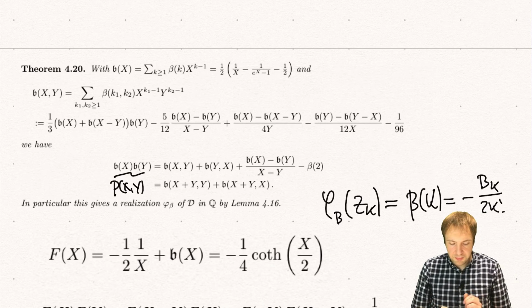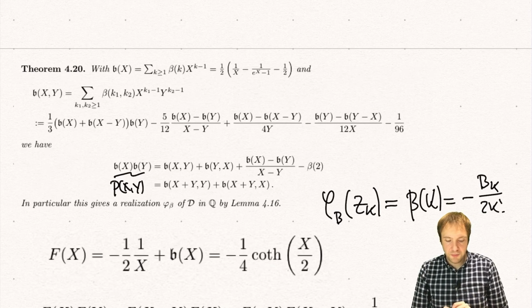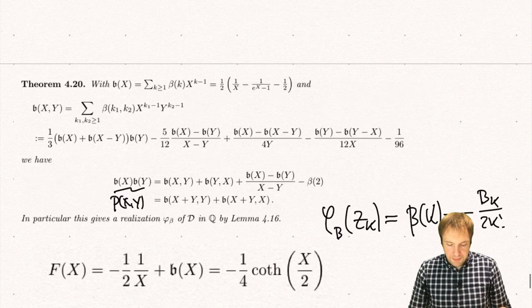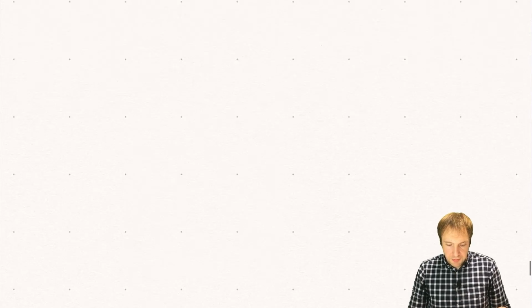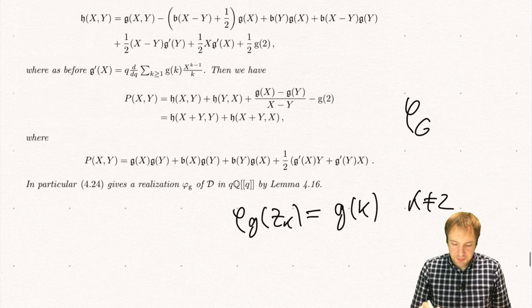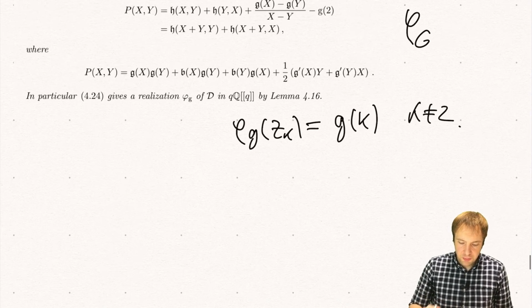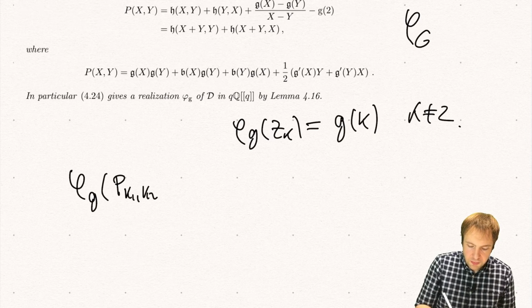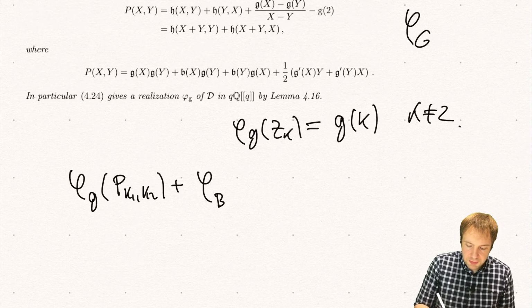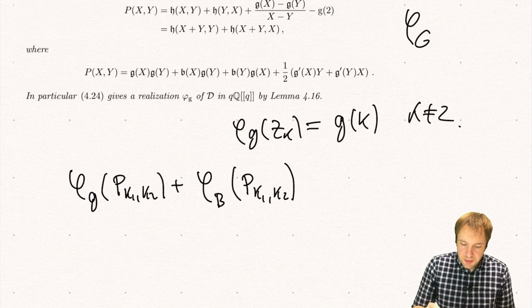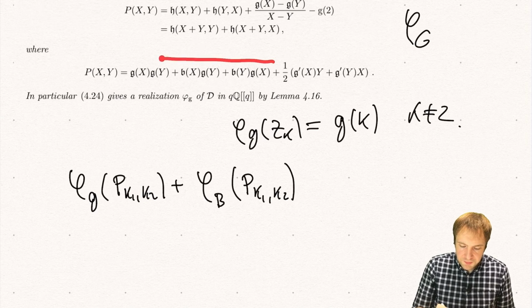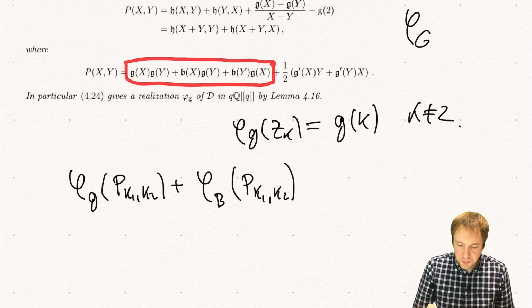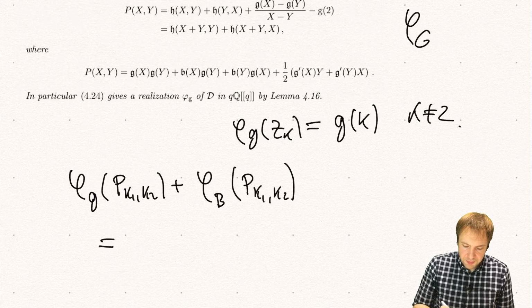So in this case, the product is exactly given by the product of the betas, and we see that if we add this to this one here, so what is phi g of p k1 k2 plus phi beta p k1 k2, then we see that to this term, so maybe let me write it down.